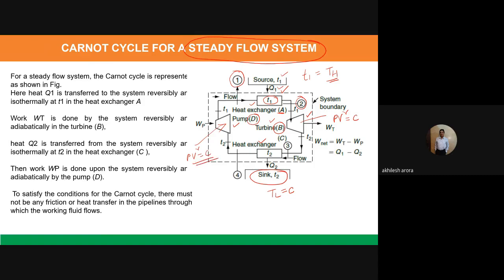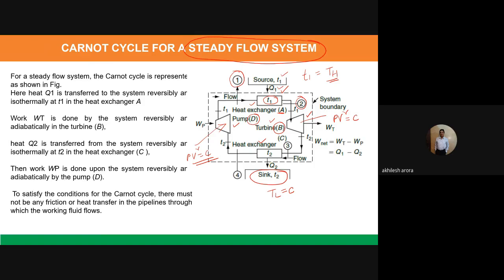So it's a reversible adiabatic compression process. So we have tried to present this Carnot cycle for a steady flow system in which there are four components, and all those four processes which occurred in the closed system are also occurring here in the open system.